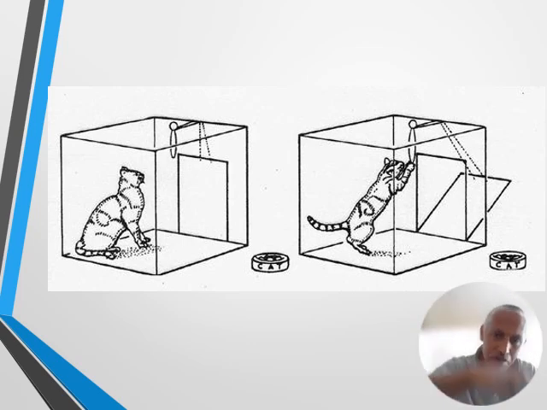So she tries different things. And through trial and error, accidentally she touches this lever. When she touches that, she sees that the door opens. And when the door opens and she comes out, she finds a reward here. She finds food here. Okay?